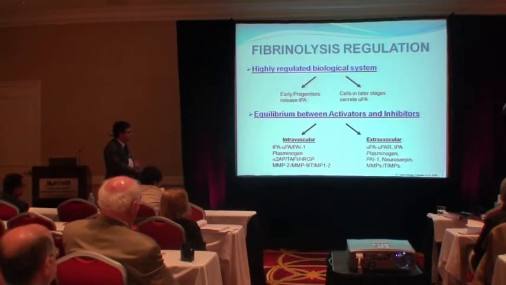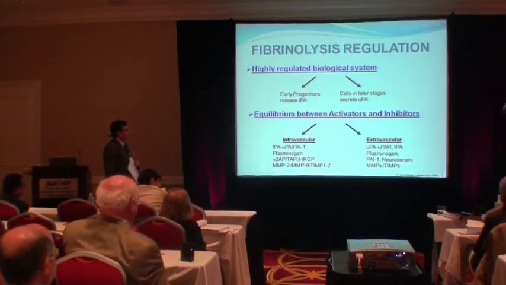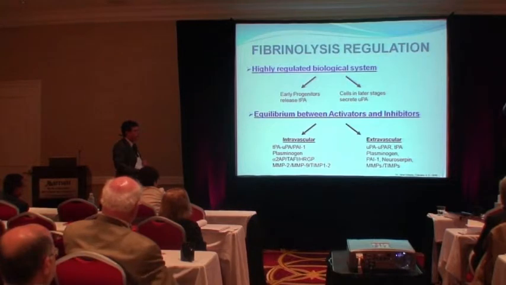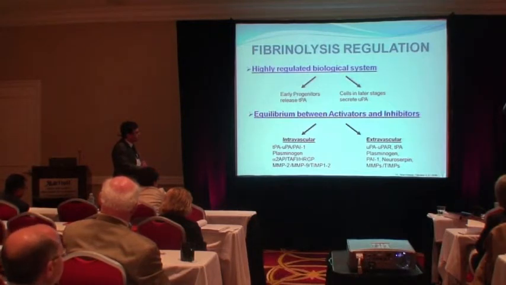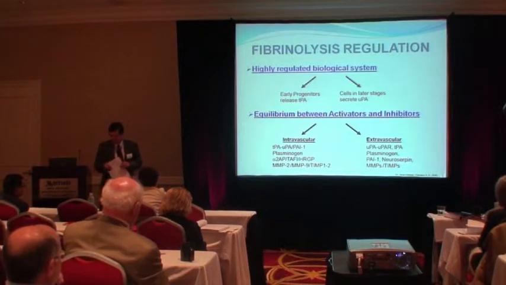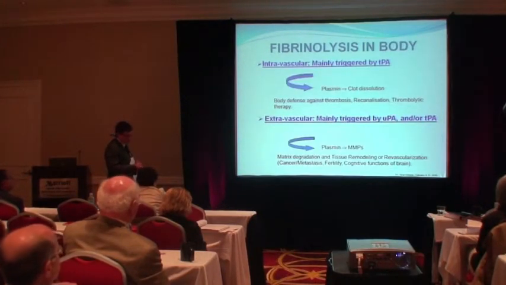And you can see more or less the same proteins in the extravascular system, because there is some extravasation of plasminogen and other blood components. And in addition, in the extravascular compartment, you can see neuroserpin, which is a major inhibitor of TPA in brain and on axons.